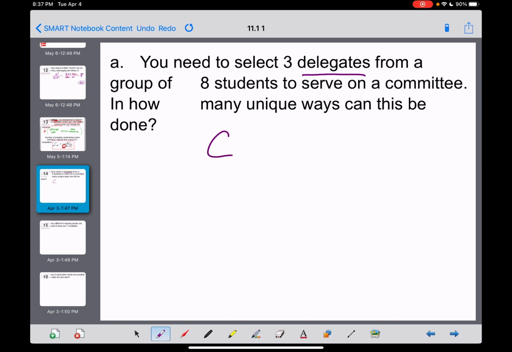Once again, n is the larger number, the pool of candidates we're choosing from, and in this case there are 8 people to choose from. r, the smaller number, is the number of people we are going to select, which is 3 here. Again, your calculator will do this work for you. Let me walk you through it. Probably a good idea to put the 8 in first, so I'll type that in.